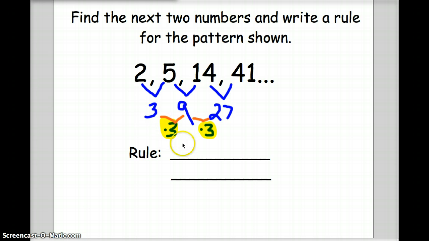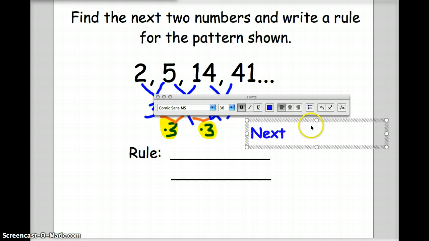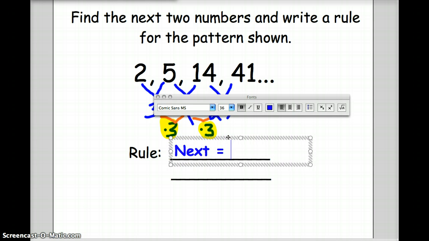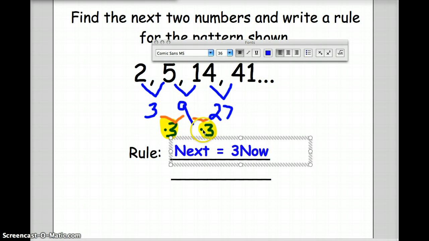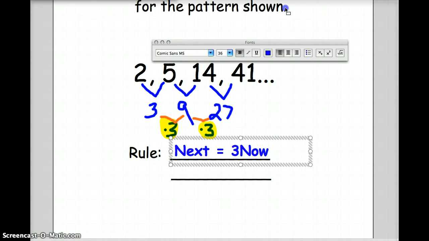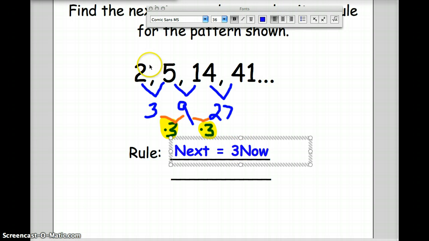So in order to do this, the next number equals 3 times the number I have now, and we get that from this part right here where we could see the differences happening. In order to figure out how exactly we're going to do the second part, you have to try it out. So let's try 2. If I take 3 times 2, well, 3 times 2 is 6. How do we get from 6 to 5? Well, subtract 1.